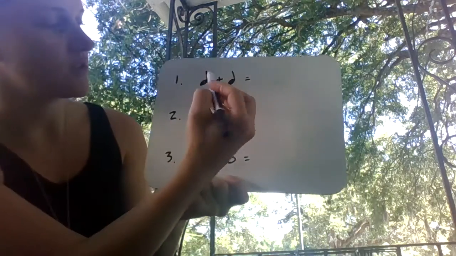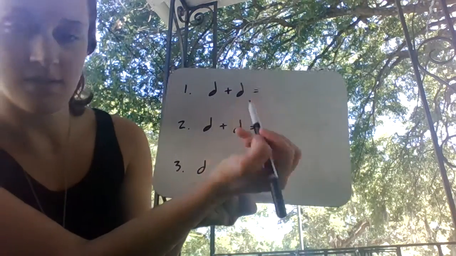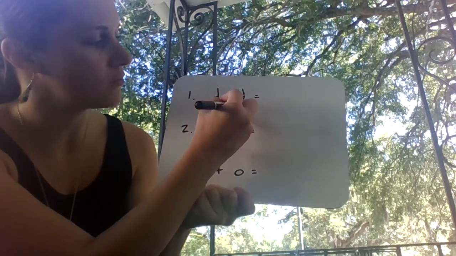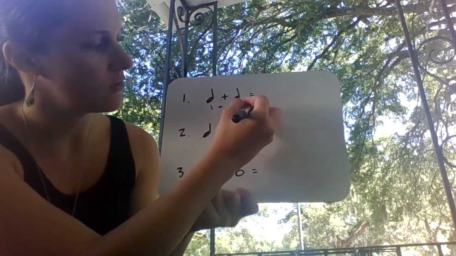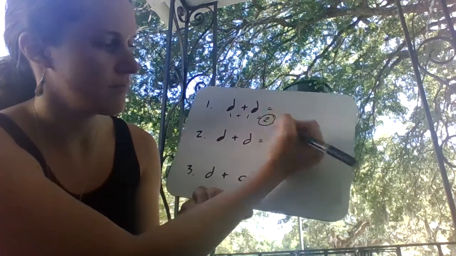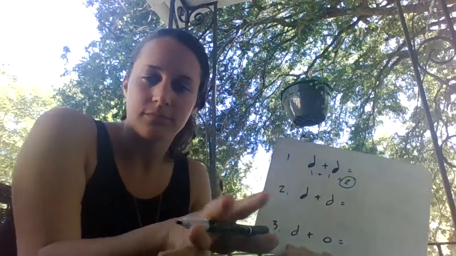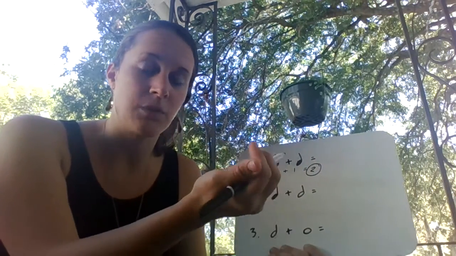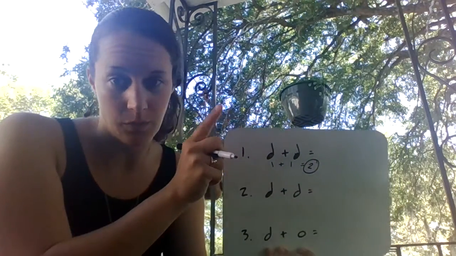Okay, so quarter plus quarter, how much is a quarter note worth? Yep, 1 plus 1 equals 2. So 2 beats. Quarter plus quarter equals 2. Now, I know this math is really simple, but remembering the value of the notes is what we're working on.